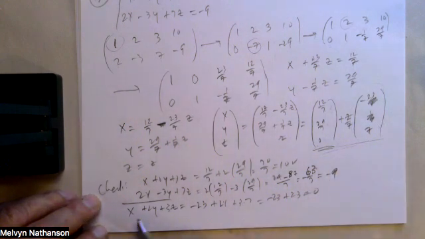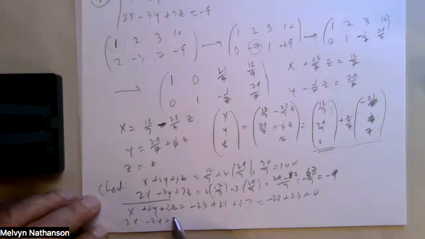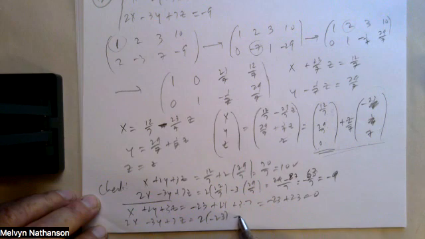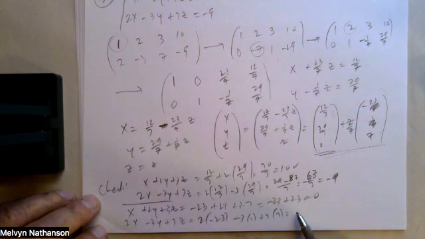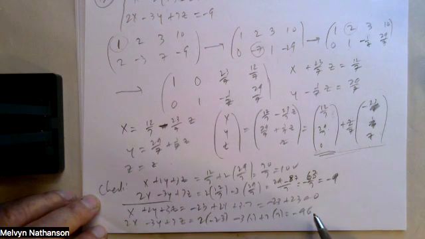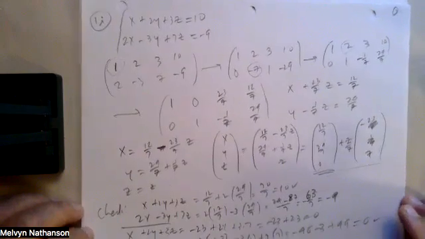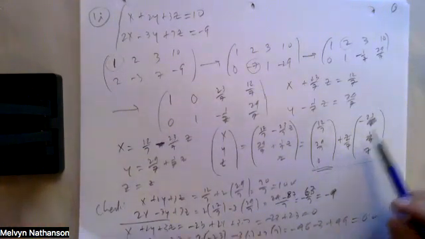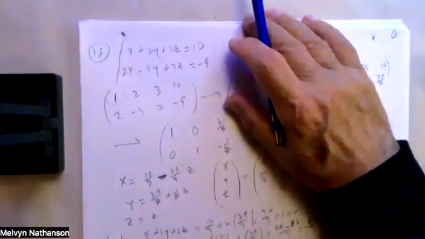If I plug into the second equation, 2x minus 3y plus 7z, that's 2 times minus 23 minus 3 times 1 plus 7 times 7. This is minus 46 minus 3 plus 49, which is minus 49 plus 49, which is 0. So everything checks. So this is the general solution to this system of equations.